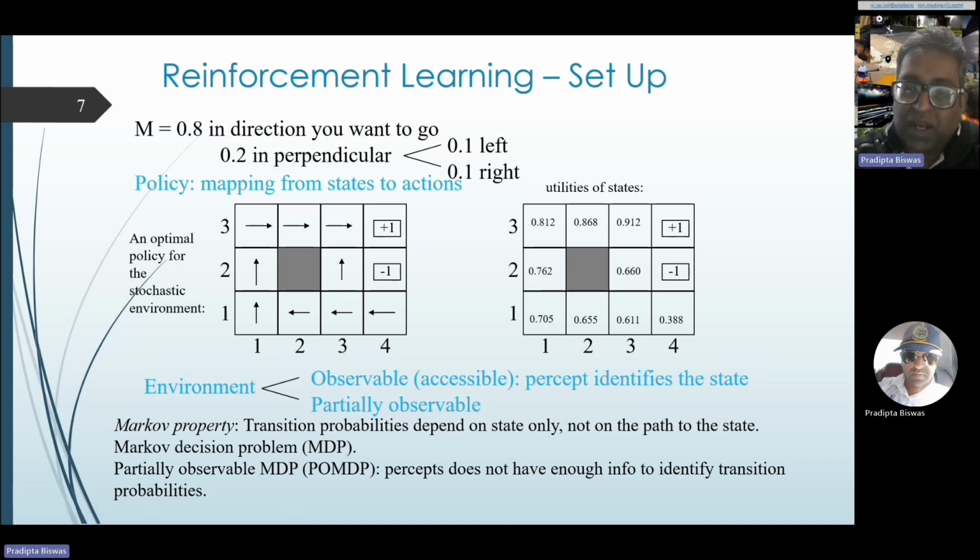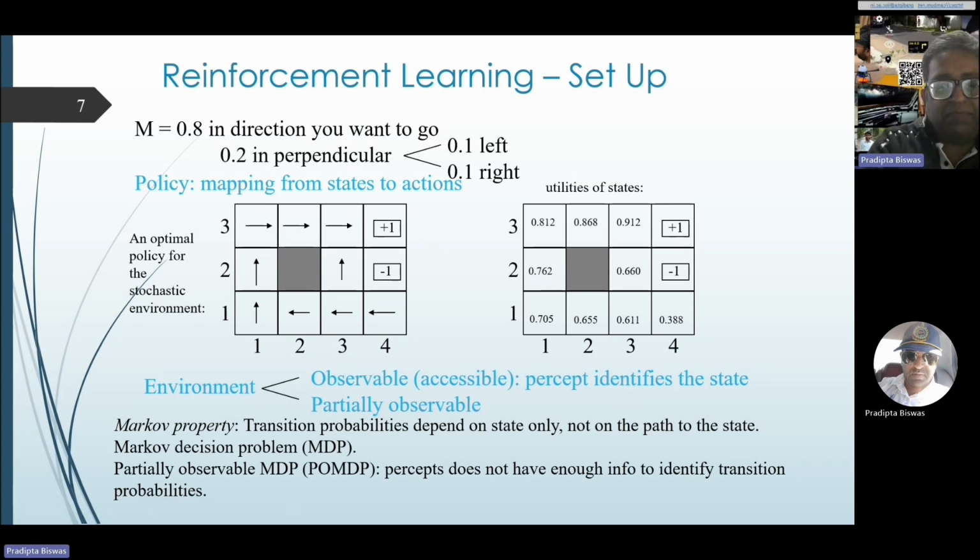Both +1 and -1 are terminal states, where if the agent reaches such a state, we consider that this is the end of the epoch or end of movement. +1 means it's good, -1 it's bad. And the gray colored box is not reachable. You can imagine that this is a pillar in the middle of the room, like that.